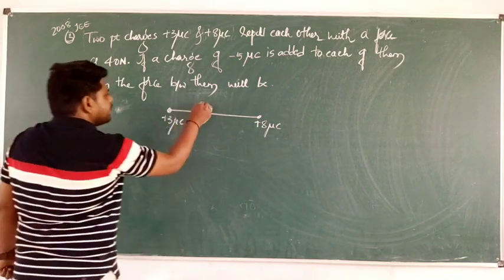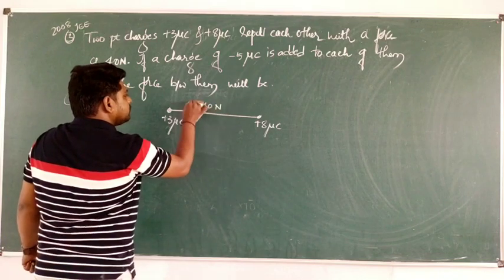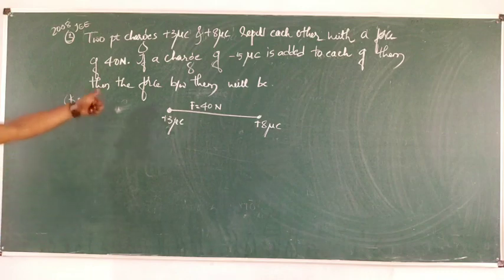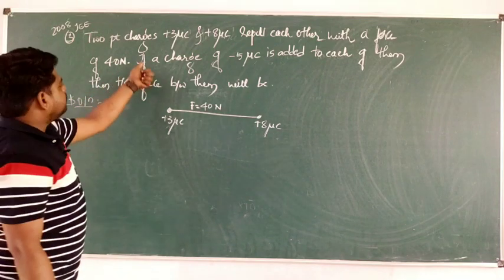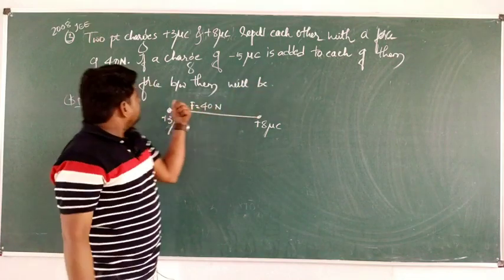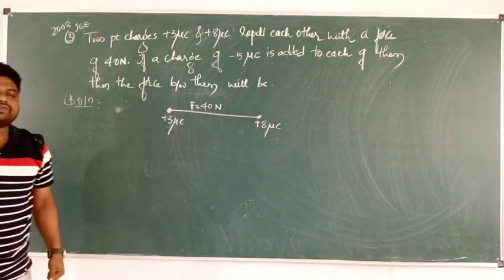This force will be 40 newtons. F will be 40 newtons. Now, if a charge of minus 5 microcoulomb is added to each of them, what is the twist here?